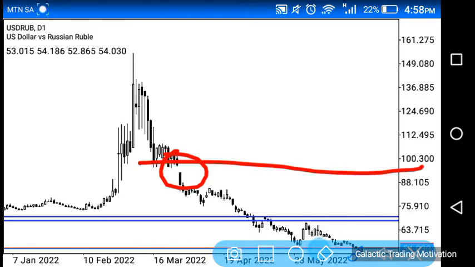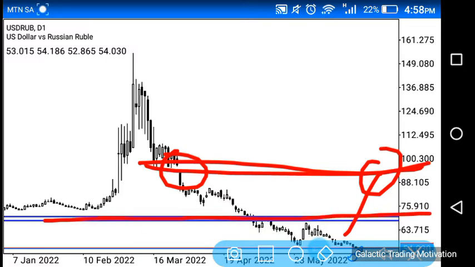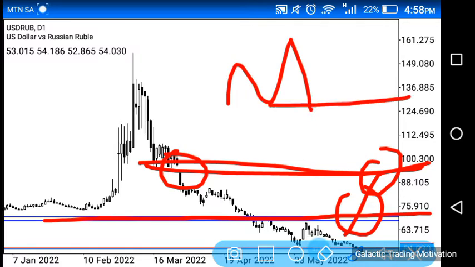And it's also a very strong area of resistance. So indeed, there's scope for price to go back to this level to retest it. However, this level is not important as yet, because we have this neckline over here, and that's the most important level at this point in time, because in the future, as I said, we have an overextended formation, and the neckline is yet to be tested.